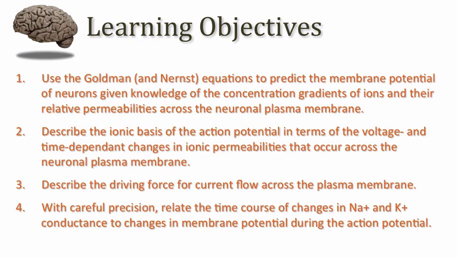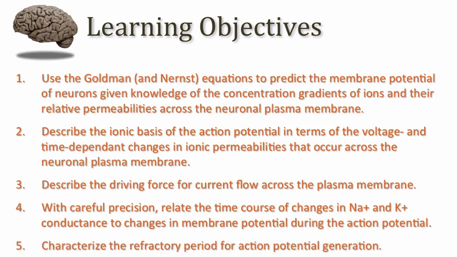Now, as you work through these considerations, I want you to relate with careful precision the time course of the changes in sodium and potassium conductance back to changes in the membrane potential during the course of the action potential. And lastly, we'll talk a little bit about what's called the refractory period for the generation of the action potential. So I would want you to be able to characterize and discuss that concept.